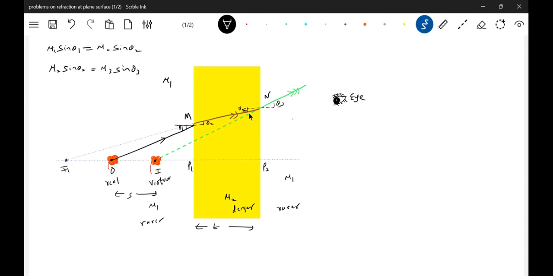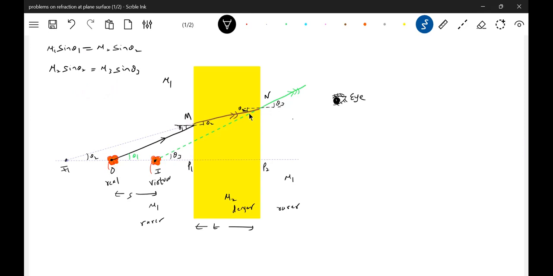And we do discuss paraxial rays. What do you mean by paraxial rays? The rays for which M will be very close to P1. So for paraxial rays, theta will be very small, sine theta will become tan theta, then you have to further solve it. This will become tan theta 1, this will be tan theta 2, this will be tan theta 3.